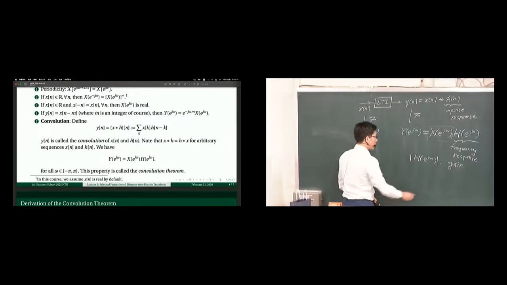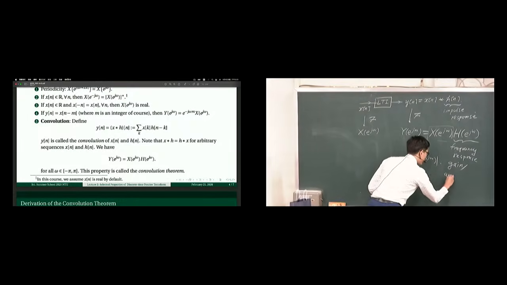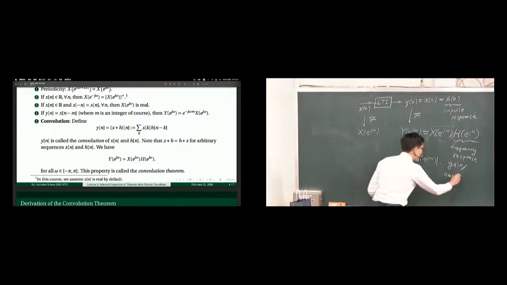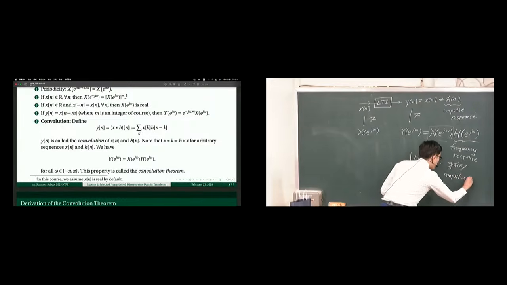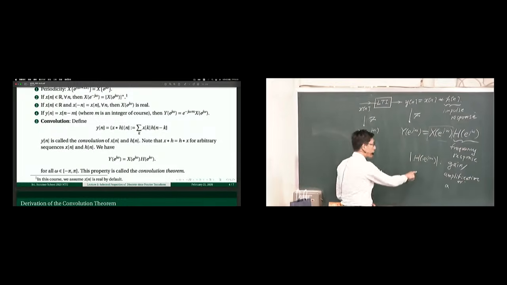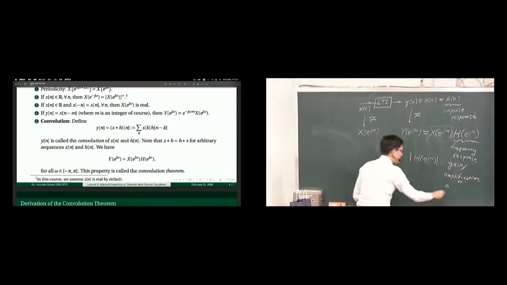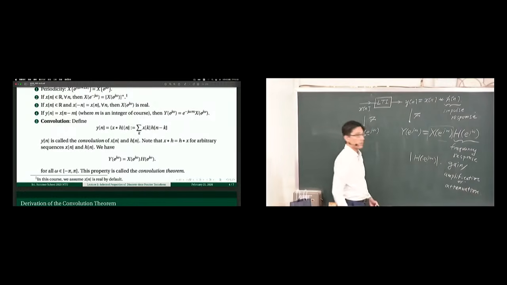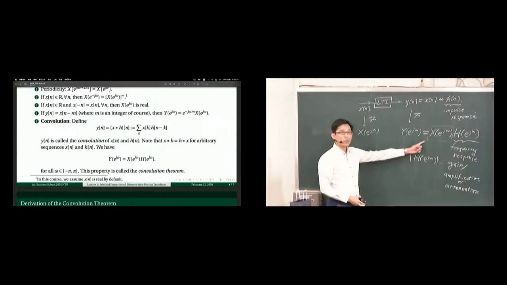Of course, gain can be smaller than 1, which means attenuation. Amplification or attenuation can be analyzed through Fourier analysis of the impulse response in the frequency domain.